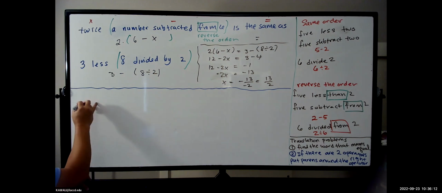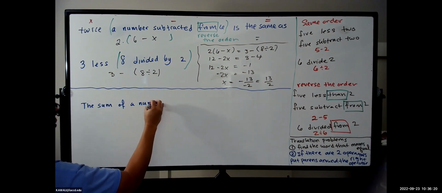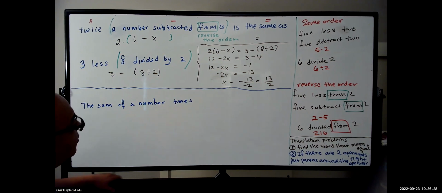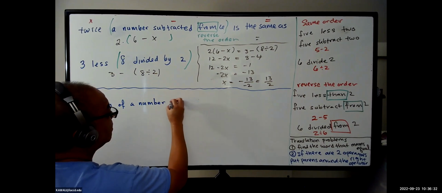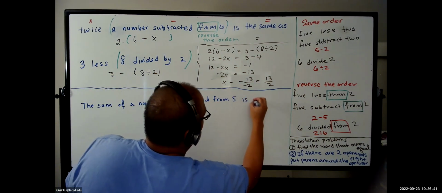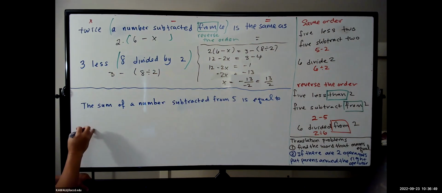Okay. So let's say the sum of a number times a number, let's say, subtracted from 5 is equal to, let's say, let's see, 2.